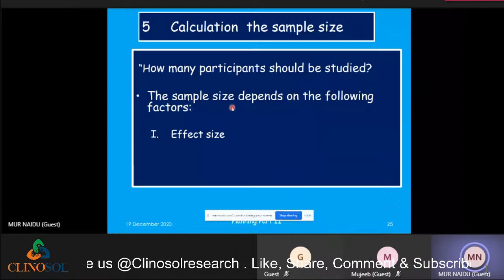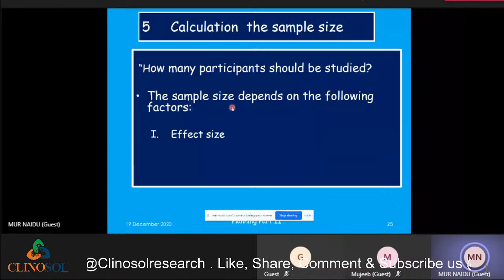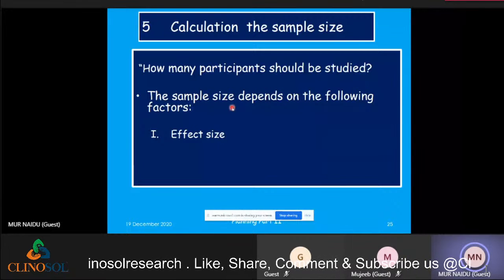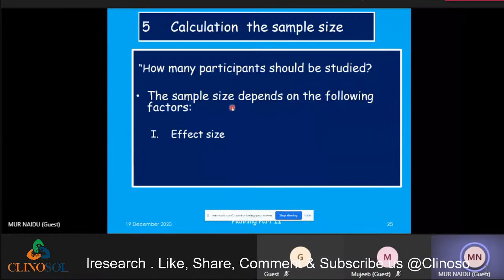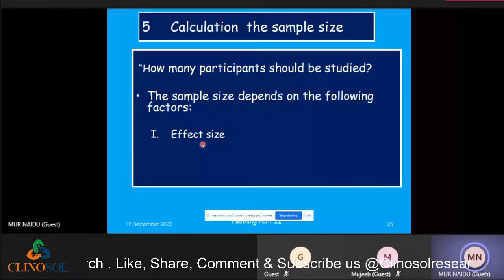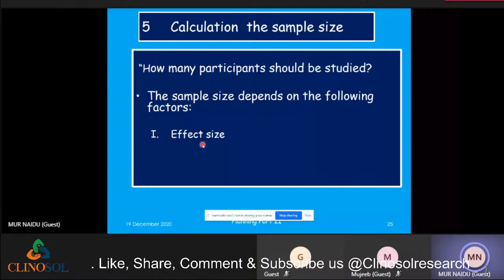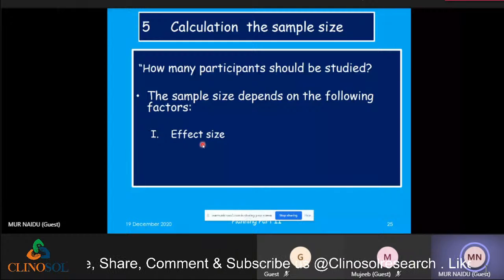I want to study a new lipid drug. I want to know how much is the fall in cholesterol. So you have to fix that only so much percentage decrease in the cholesterol I will consider as an effect. In case of diabetes, a definite criterion is already there: if your drug is effective, your effect size is that the glycosylated hemoglobin should come down below 6.5.